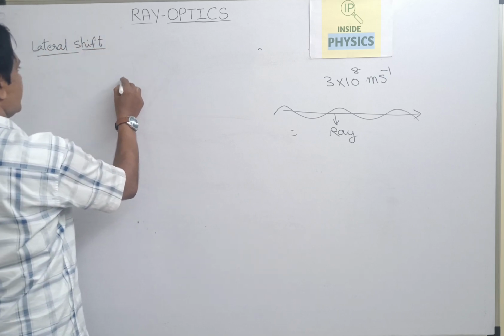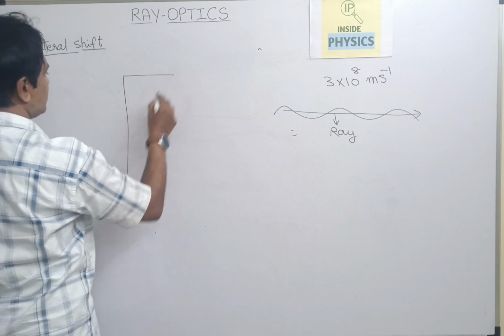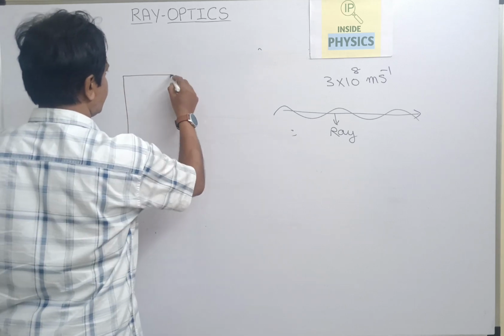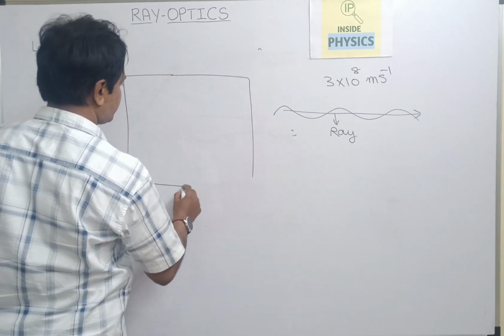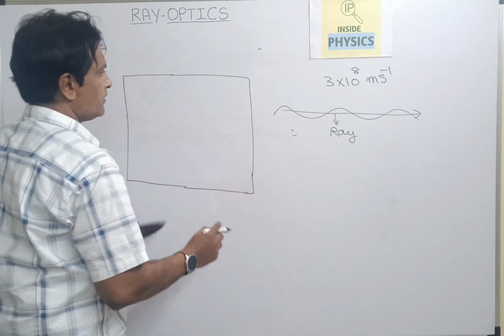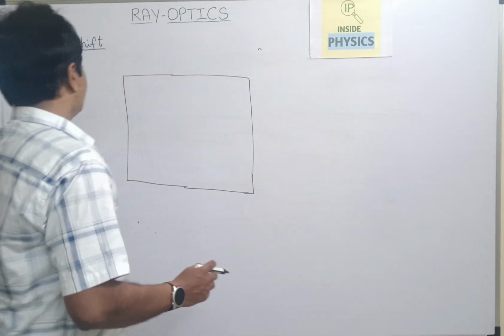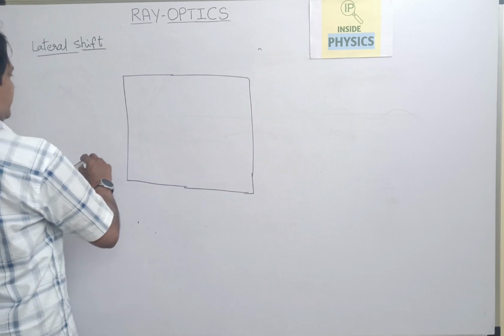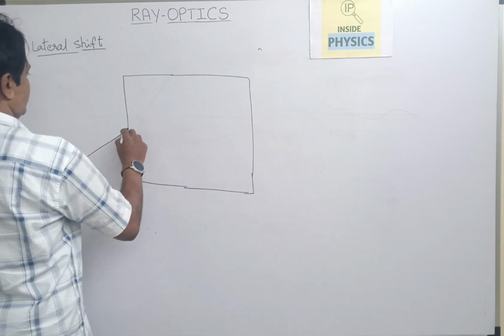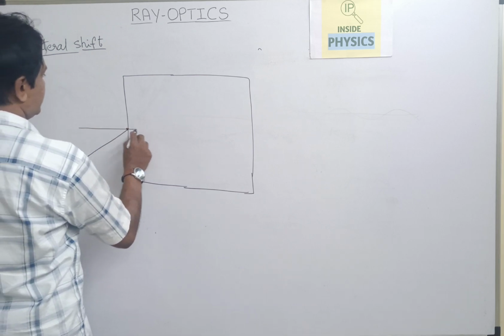See, when we take a thick glass slab like this, the light is entering into the glass slab with some angle, obliquely, with some oblique incidence.